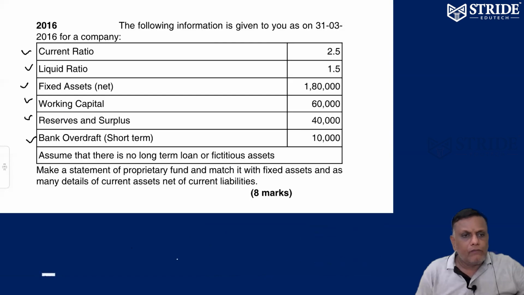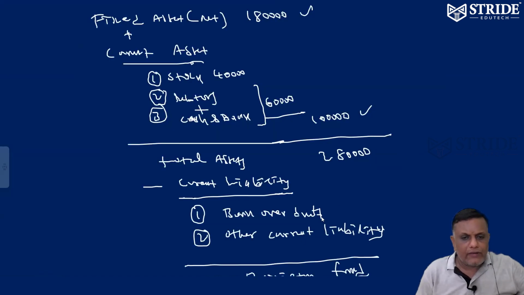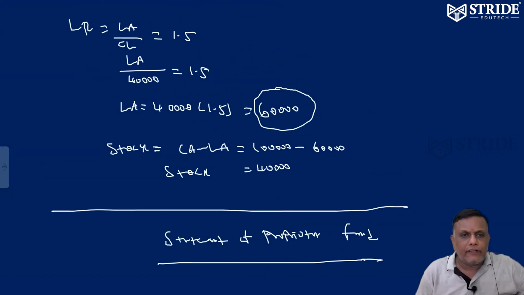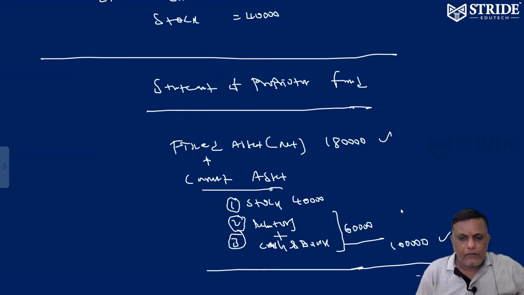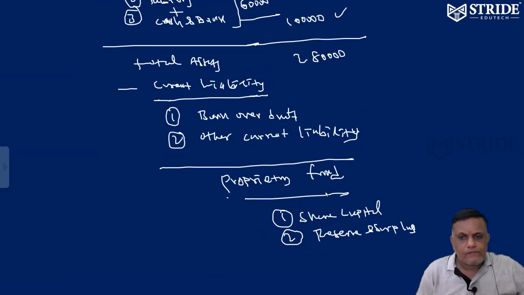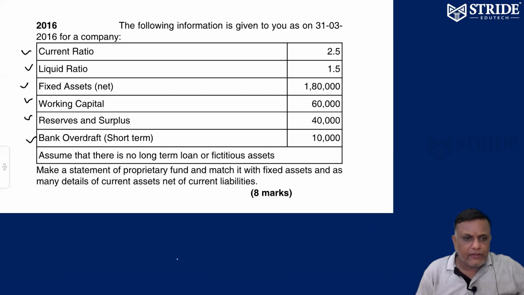Minus current liability. Just we have current liability total. So current liability is going to be 40,000. Bank overdraft already given, that is 10,000 short term.